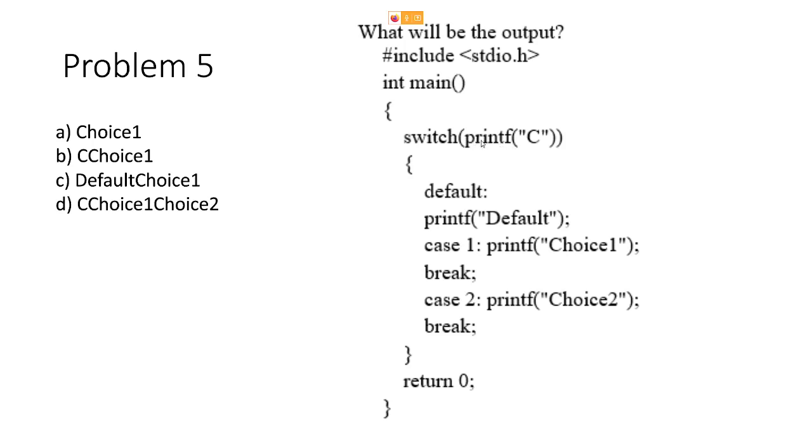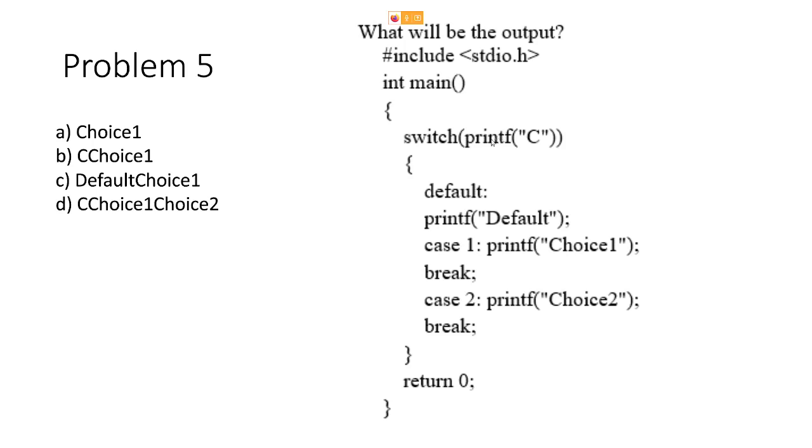Although it is being used inside this switch, it is going to print something. It is not possible that it doesn't print. So it will print C and return 1, which is the number of characters printed on screen.